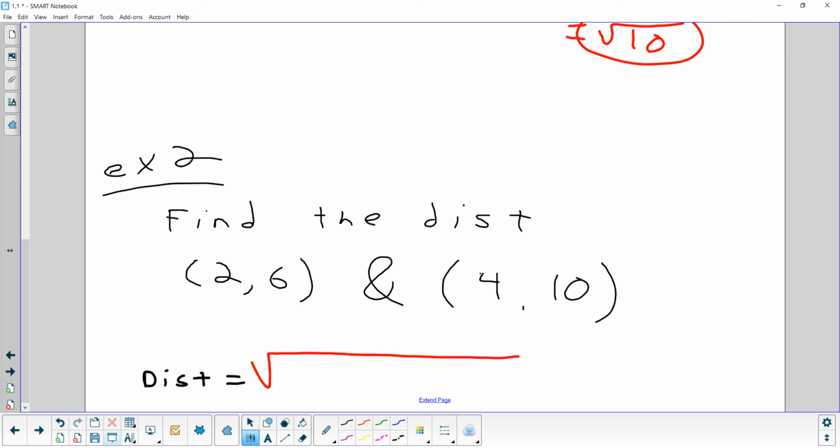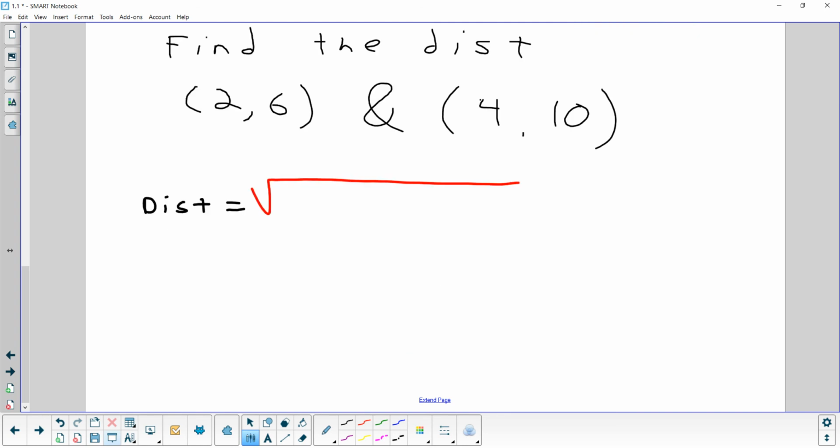All right, so how about Jaden, could you tell me what's going to go in my first set of parentheses? 4 minus 2. Yeah, that works. And you're going to go ahead and tell me the second one? 10 minus 6. Perfect.